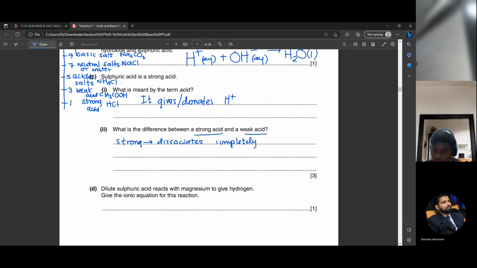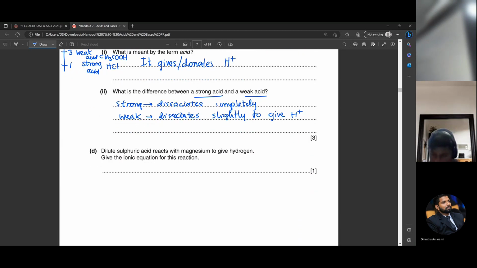Weak acids slightly dissociate to give H plus ions. Dilute sulfuric acid reacts with magnesium to give hydrogen.